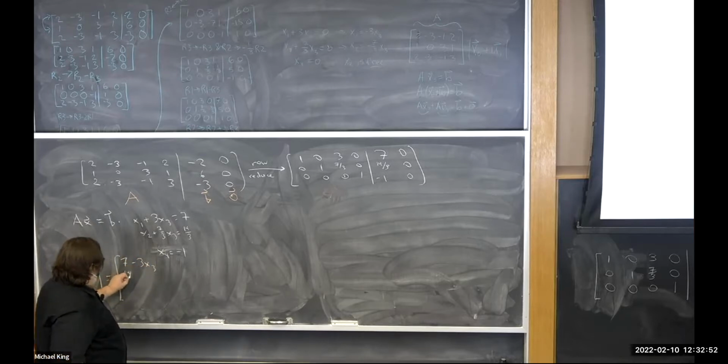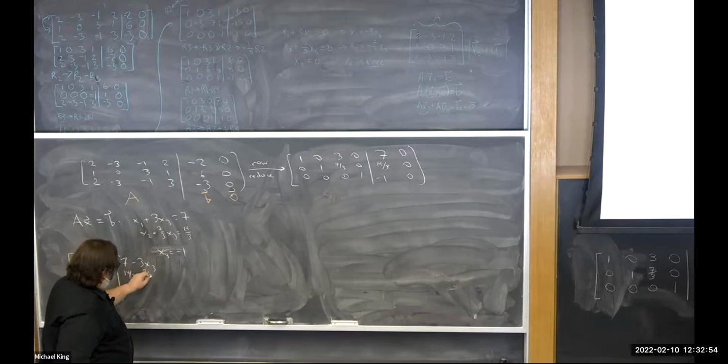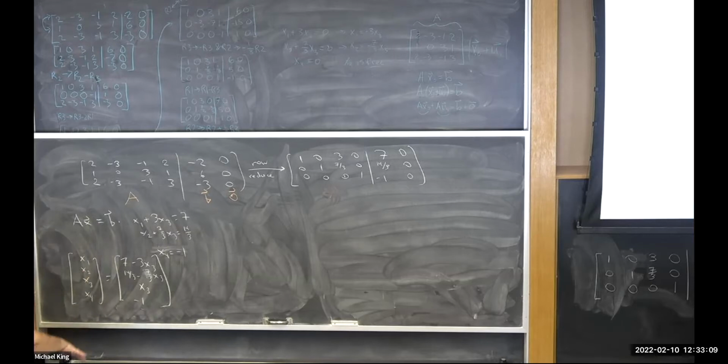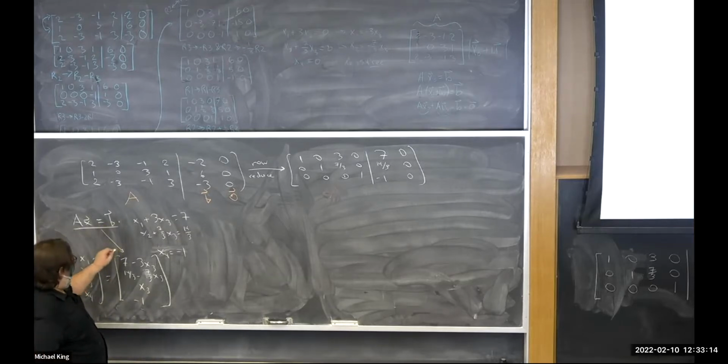This would be 14/3 minus 7/3 x3. Is it clear that x3 is not in the denominator? And then x3 is just x3, and x4 is forced to be -1. So that could be a general solution to AX equals B.